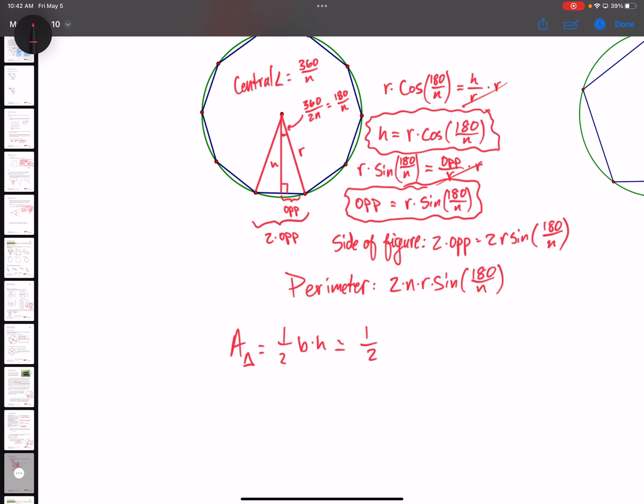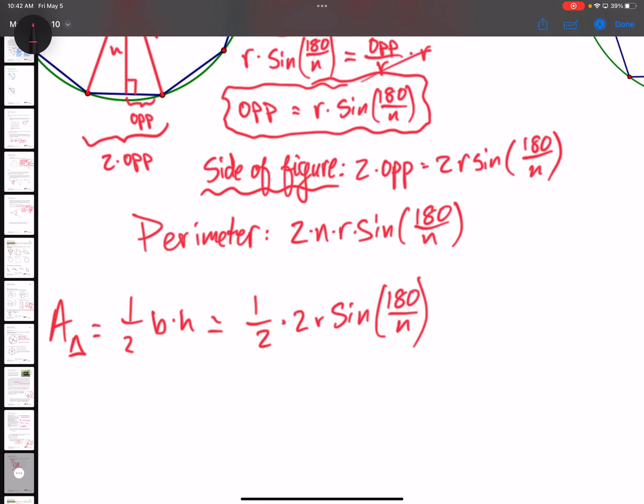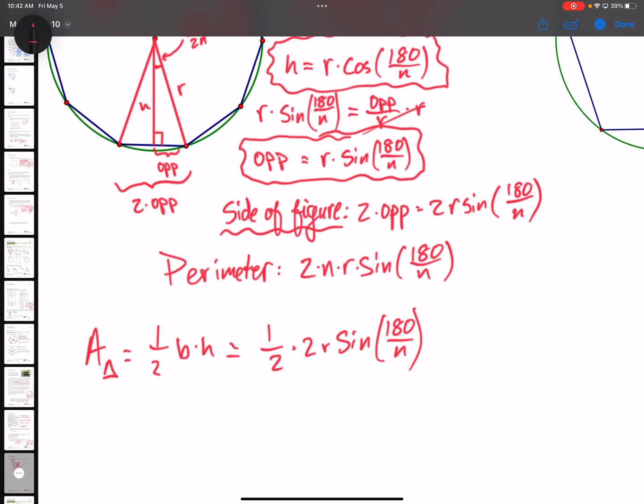It's the side of the figure, so it's 2r sine of 180 over n. And then what's the height of this figure? r cosine of 180 over n, right?